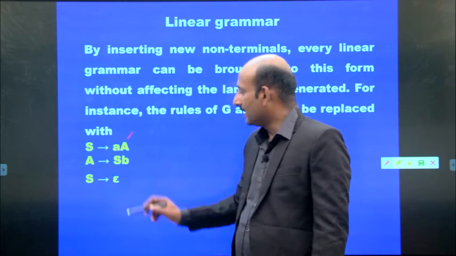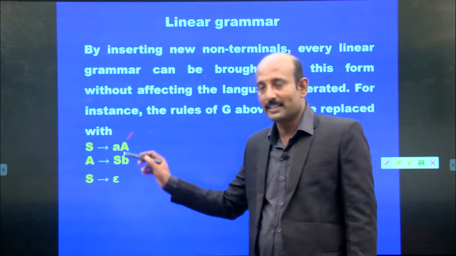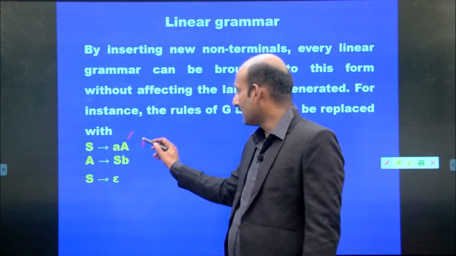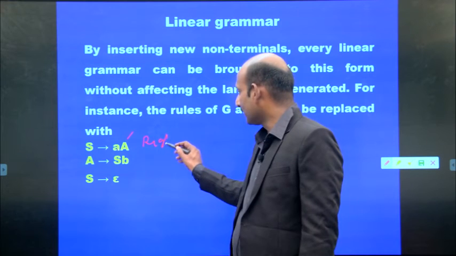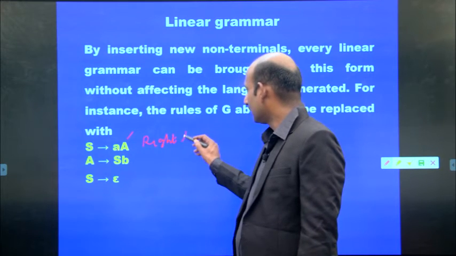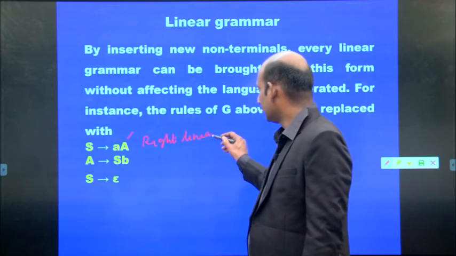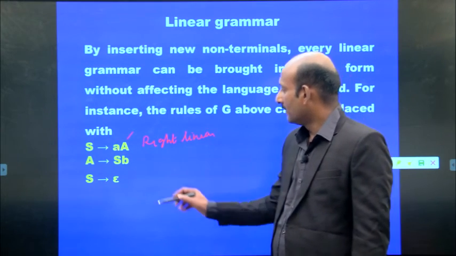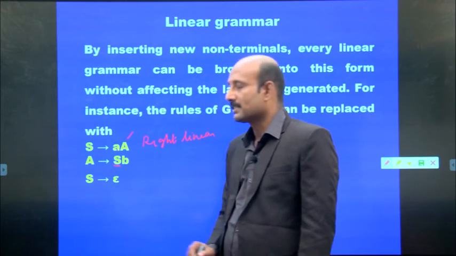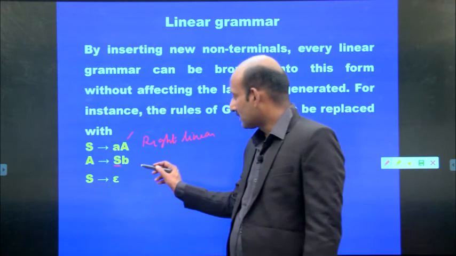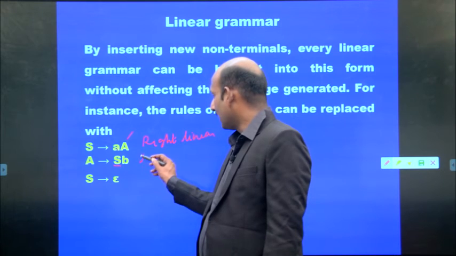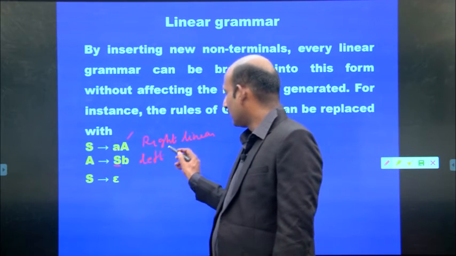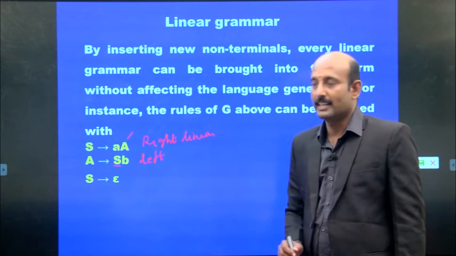A is a non-terminal and it comes at the end. So we can call this a right linear grammar. Here, the non-terminal S comes on the left, so it is a left linear grammar.